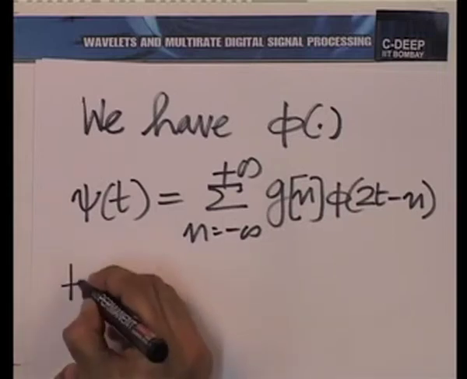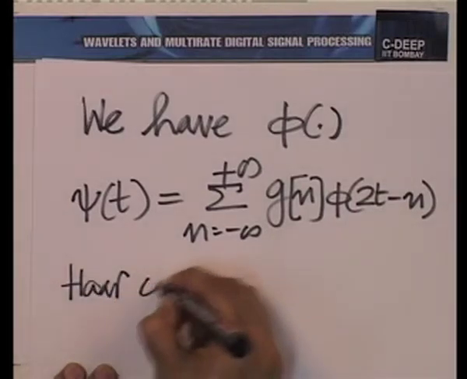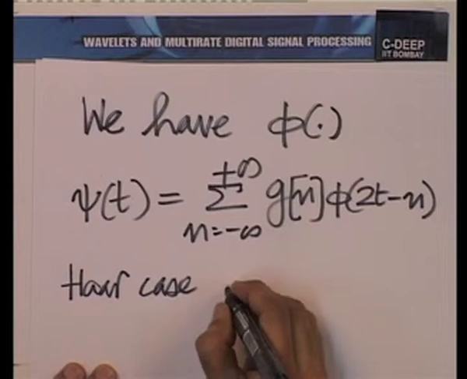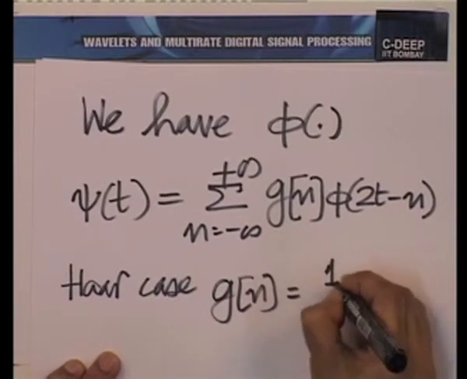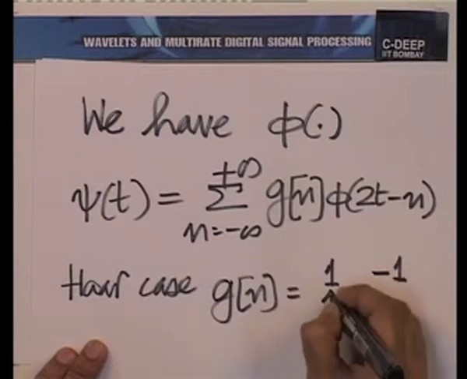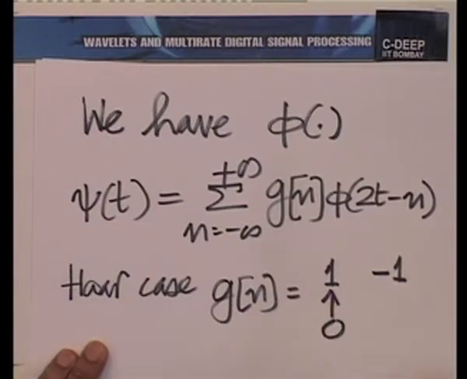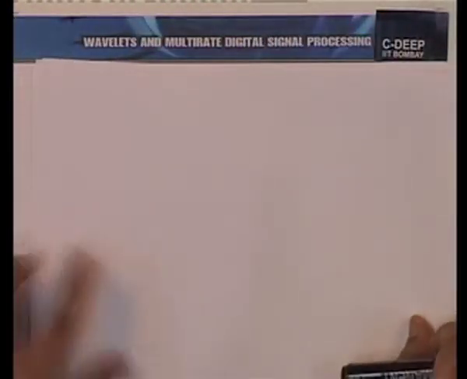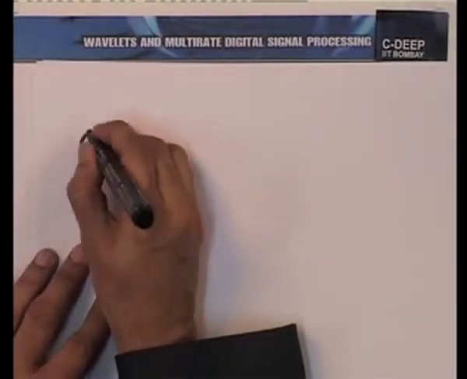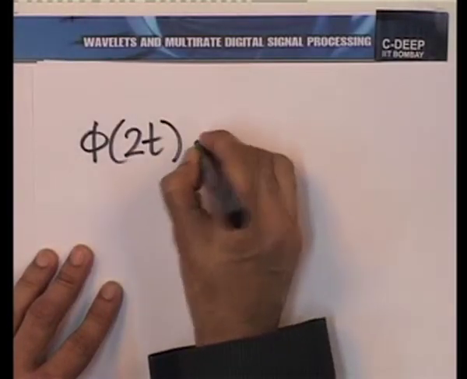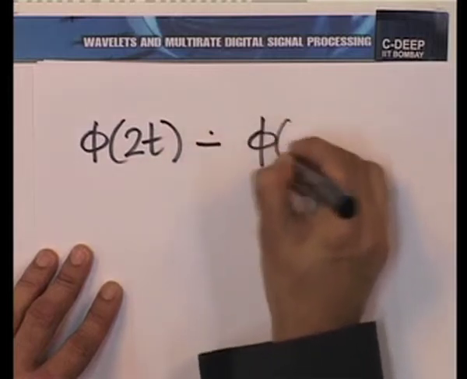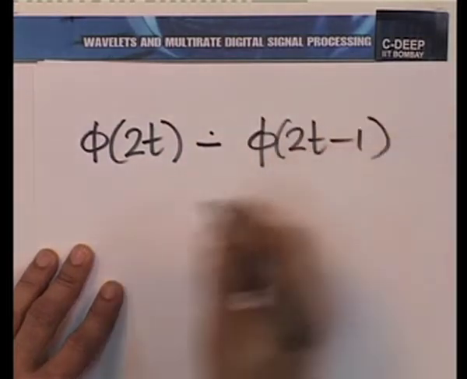And for the Haar case, we know what g n is. g n is essentially 1 and minus 1. So, we can write down psi t in terms of phi t and construct from there. Phi of 2t minus phi of 2t minus 1.